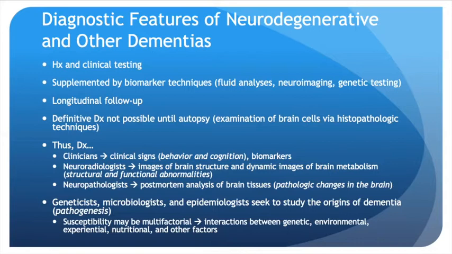A definitive diagnosis for dementia is not possible until autopsy, wherein the brain is examined, the brain cells are examined via histopathologic techniques.